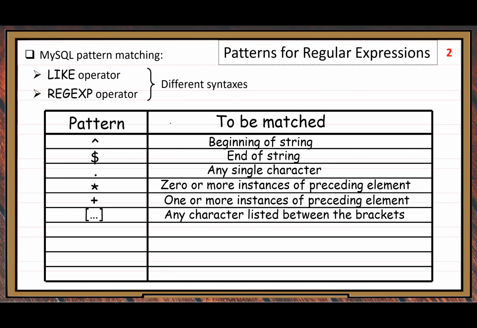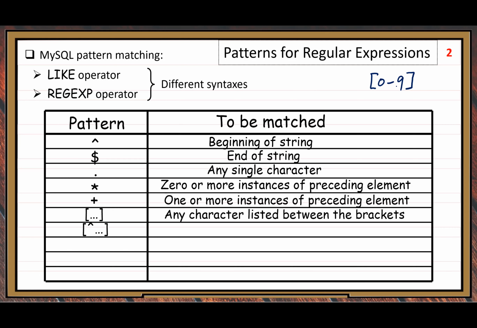You may list some characters, for example ABC in brackets, so A or B or C. Last time we tried to match a digit with bracket 0-9, any character between 0 and 9 inclusive.